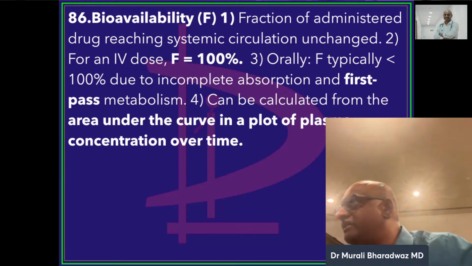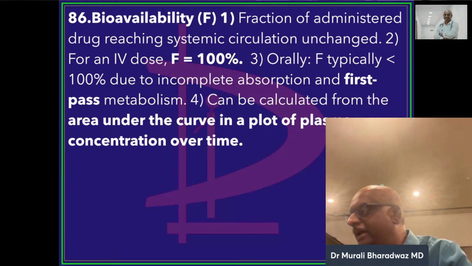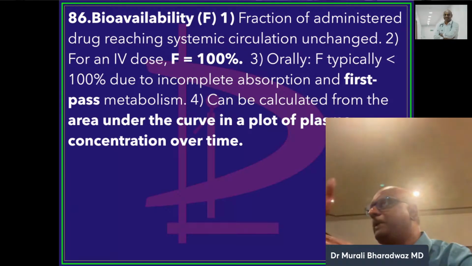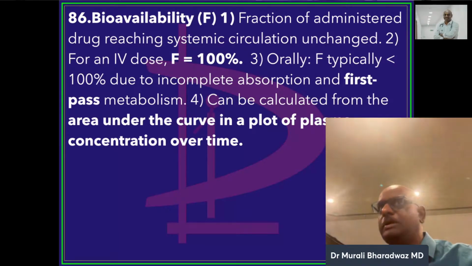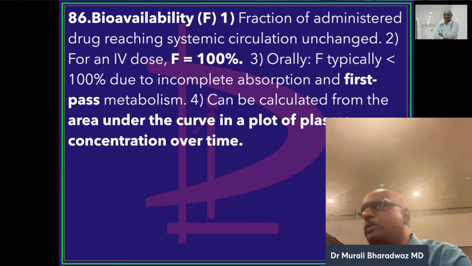First pass metabolism means some of the oral drug enters from the gut through portal circulation into the liver, and in the liver it is metabolized before release into systemic circulation. And how do you calculate it? You take the plot of plasma concentration over time and find the area under the curve of the plasma concentration over time.